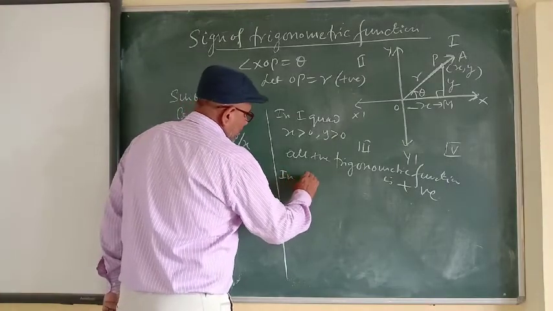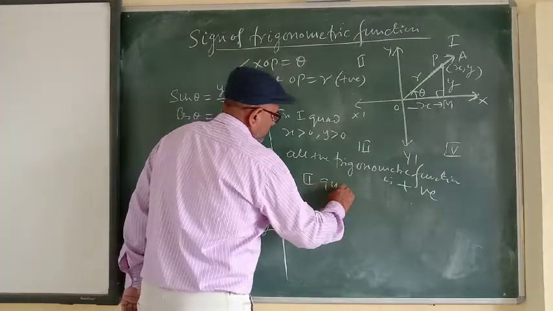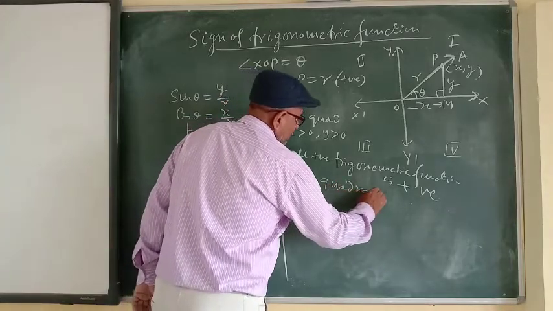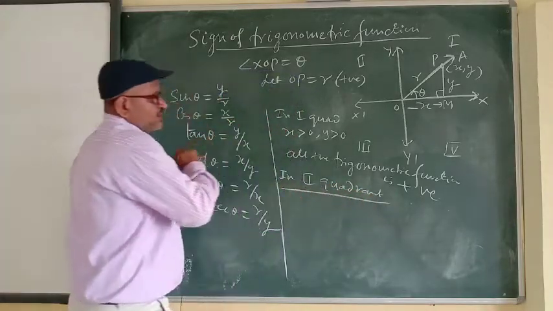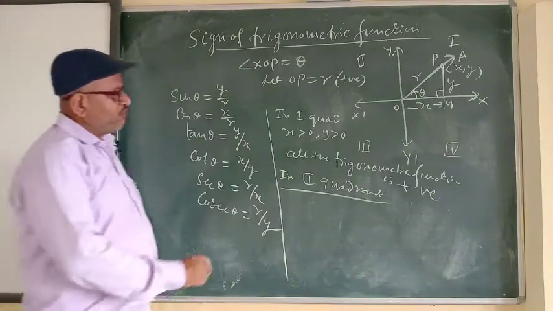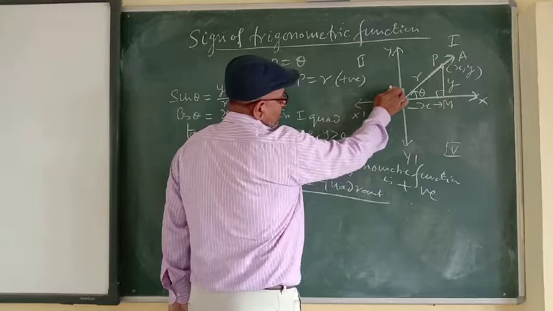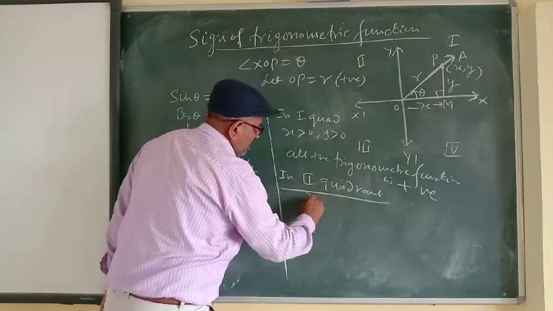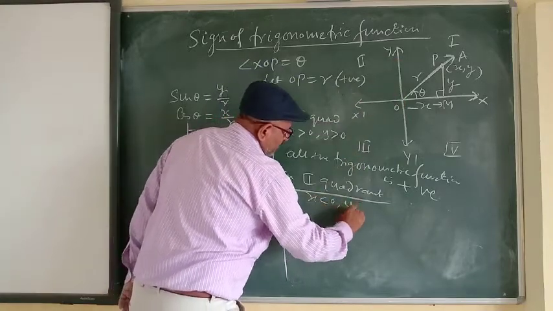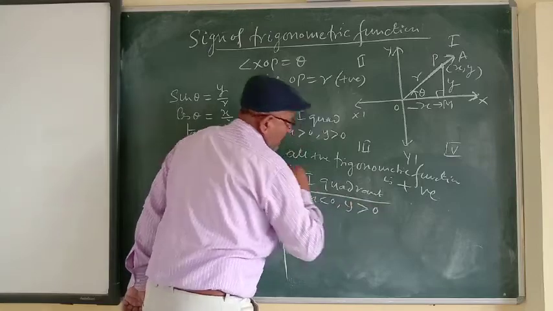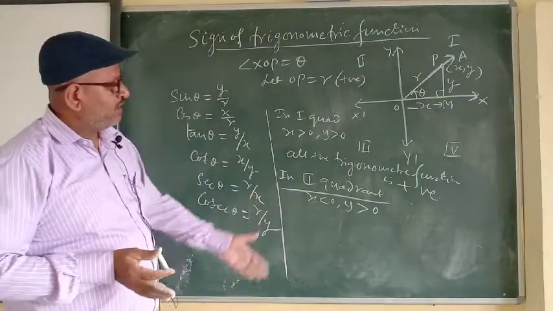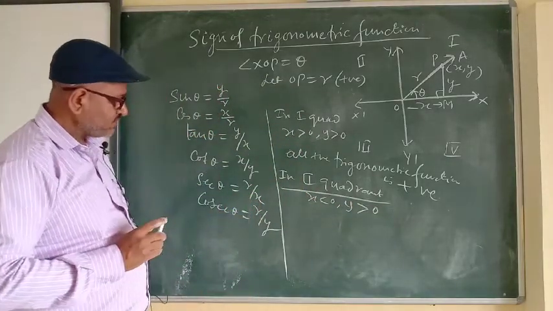Now in the second quadrant, we know that x is negative and y is positive. x less than 0, y greater than 0, and r is always positive.